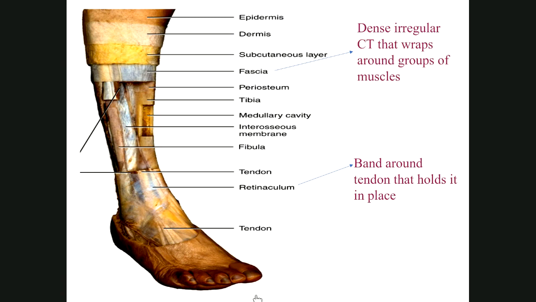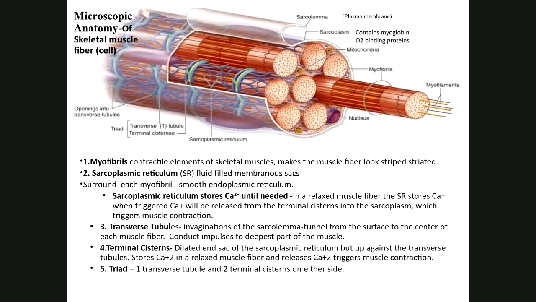So let's continue with microscopic anatomy. So this is a muscle cell, correct? And the connective tissue around this entire muscle cell would be the endomysium.